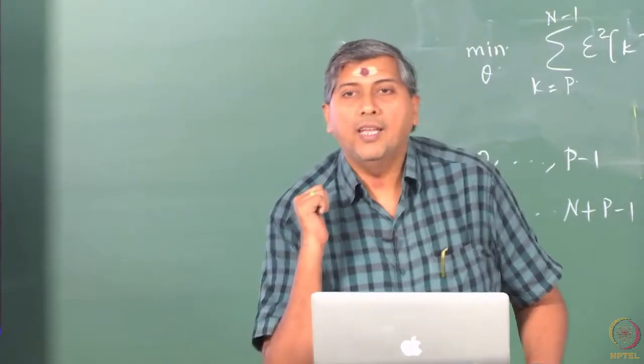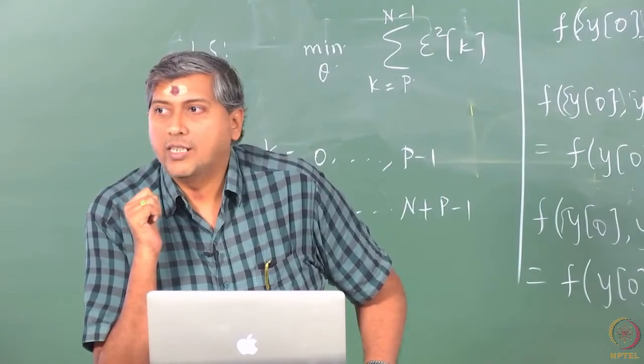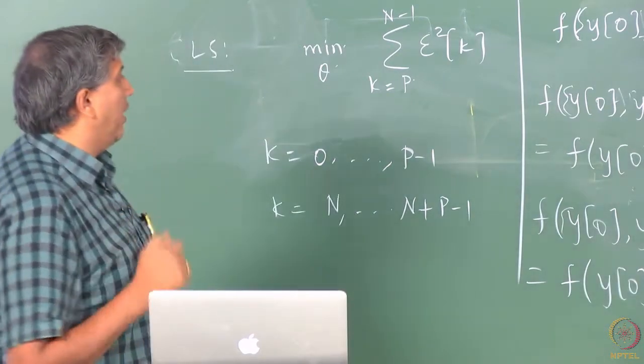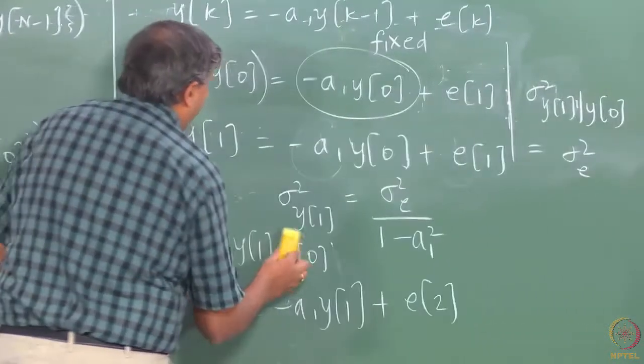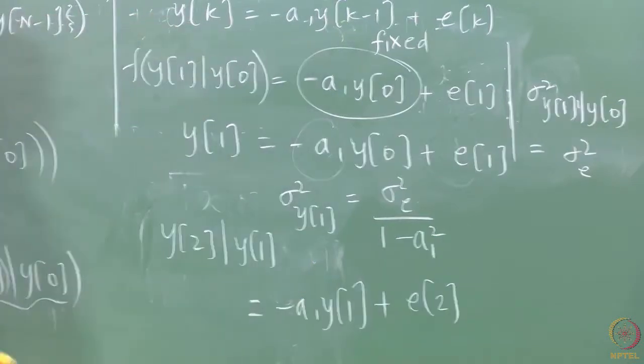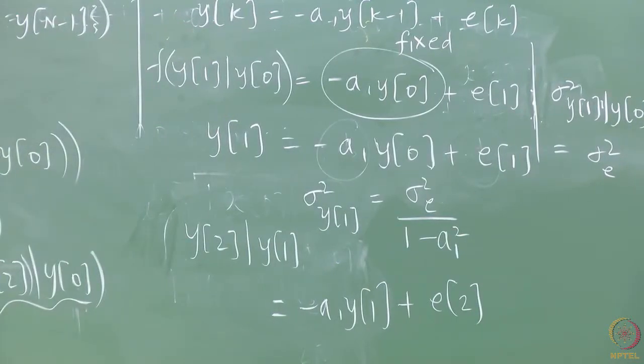So, what is happening here? If you look at the equation, I do not need to actually write y0, I can omit this, because on the right hand side anyway y0 does not play any role. That means, as far as y2 is concerned, it is sufficient to know only y1. Why? Because I am assuming it is AR1.